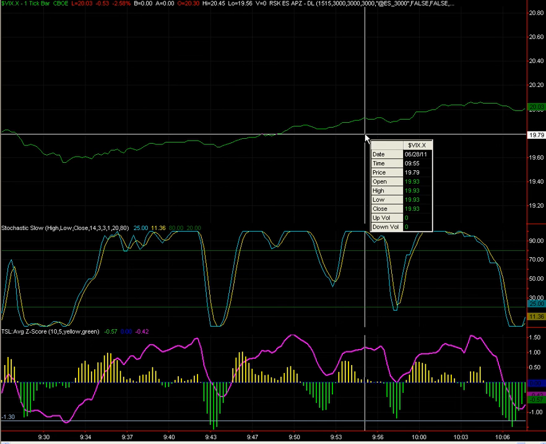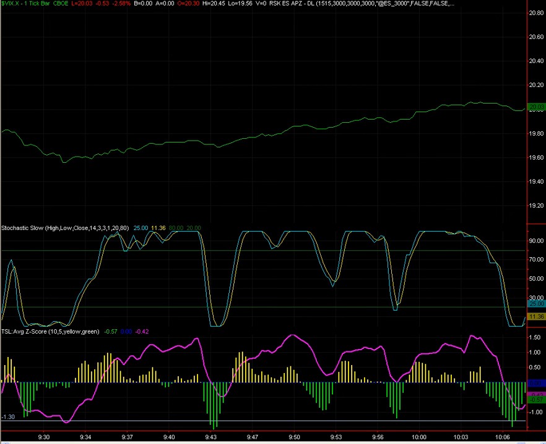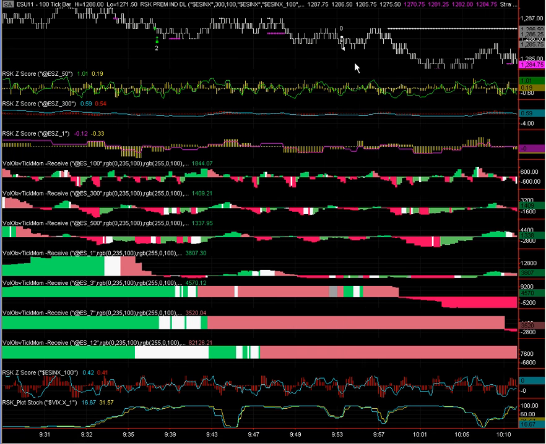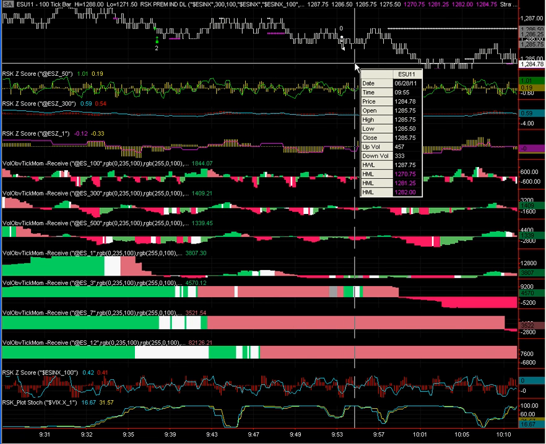And here at 9:55, we should be at a lower low. If we're not, we need to wait. Let's look. At 9:55, we're at an equal low. Technically, we should be at a lower low. VIX is higher.